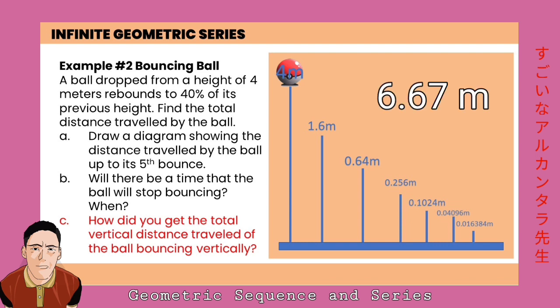So this is going to be 6.6666666 and continues that way. So what you can do is to simply put it as 6.67. That's the total distance traveled by the ball while it bounces vertically. Oh, sorry, the total vertical distance traveled by the ball. So that's how you answer those kinds of examples.